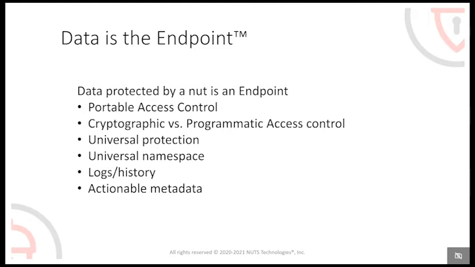Well, remember that we have a NUT ID that uniquely, or practically uniquely, identifies this NUT in any namespace. We could call it anything else we want in the metadata, but we'll always have something unique to reference it by. That means no more duplicate file names or path names. You'll always have a way to identify this thing.